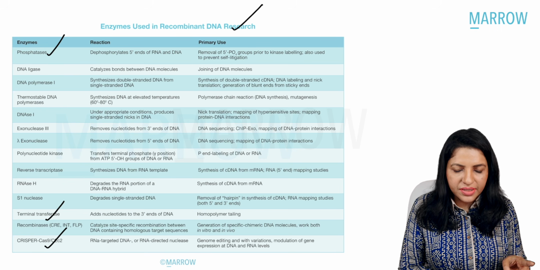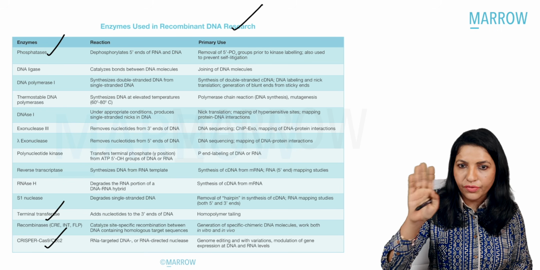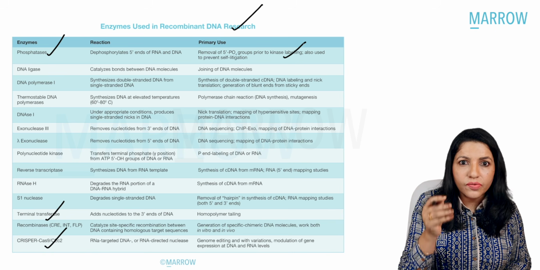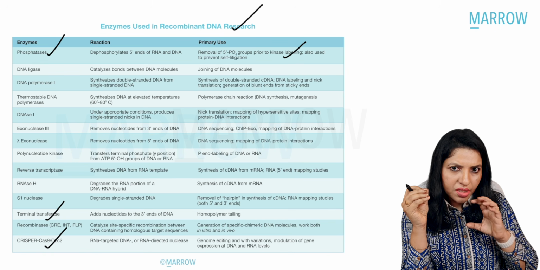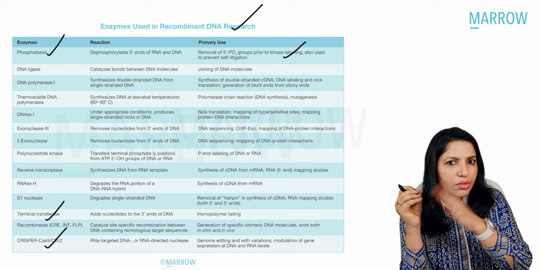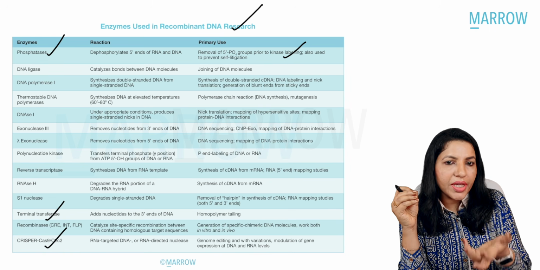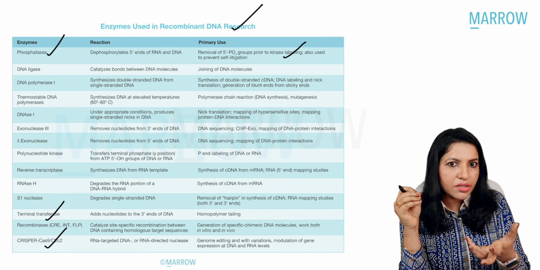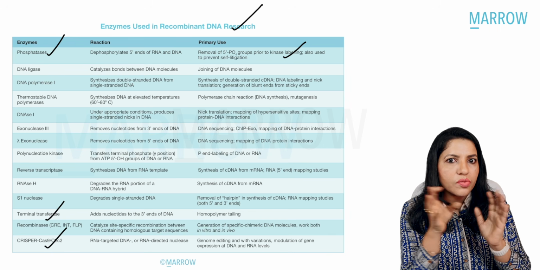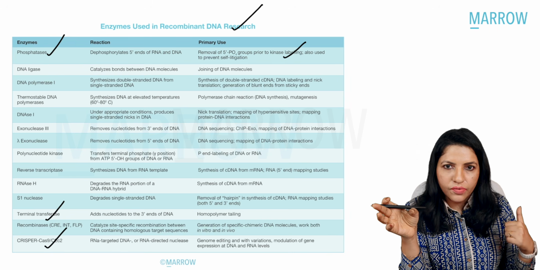Phosphatase is actually removing that 5' phosphate group, and that is for labeling this 5' phosphate group. Once it removes that 5' phosphate group, then we add a radio labeled phosphate instead of an ordinary phosphate. That is what we usually do. So that is phosphatase.